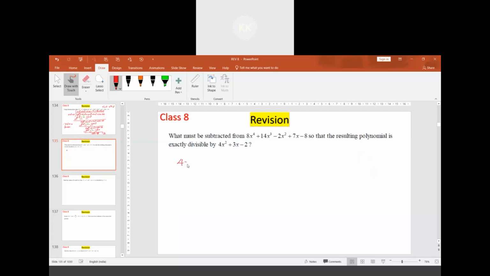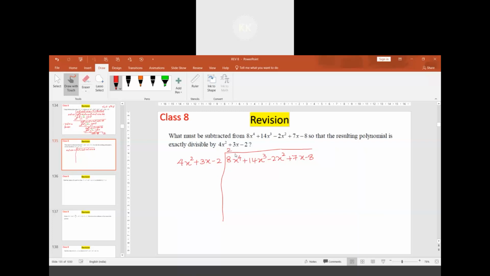So here 4x square plus 3x minus 2 is the divisor. We need to divide 8x to the power 4 plus 14x cube minus 2x square plus 7x minus 8. Now if you consider 2 here, we get 8.